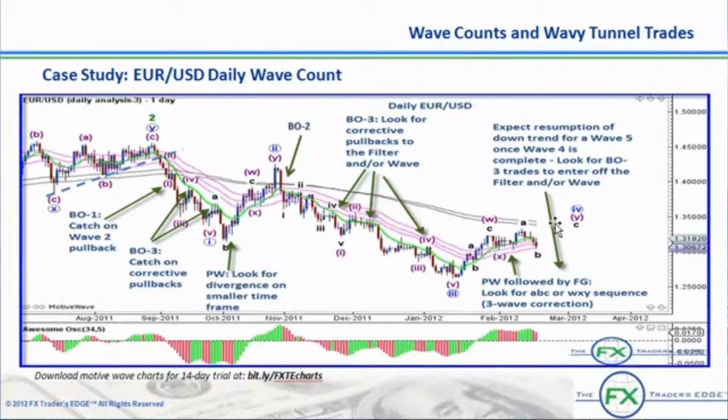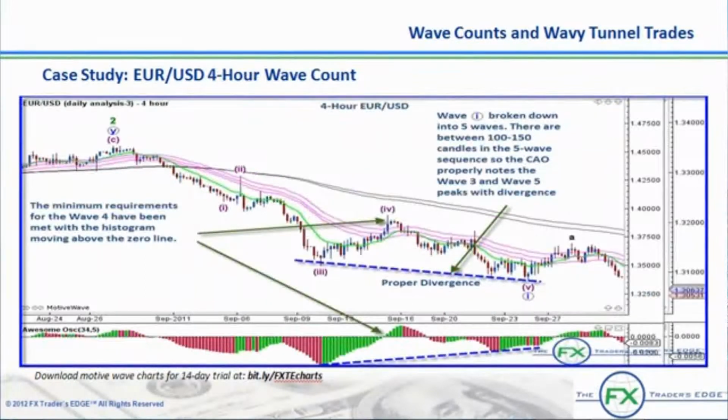Certainly move to a smaller time frame to count the 5 waves in the C leg as well. Once wave 5 begins, look for breakout 3 trades to enter off the filter and or the wave, just like we've described for the wave 3 and the wave 1. On the next slide, we will go back to blue circled 1 and zoom in on a 4-hour chart to see the divergence between waves 3 and 5.